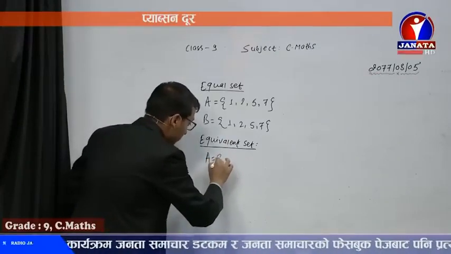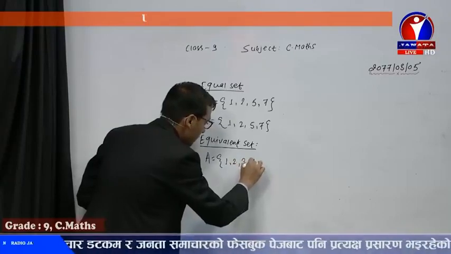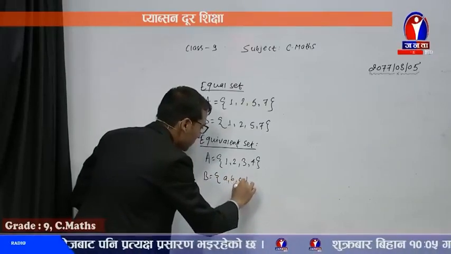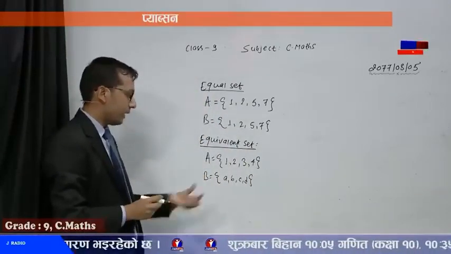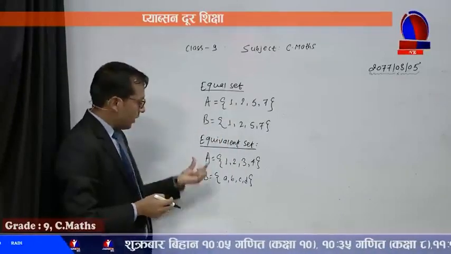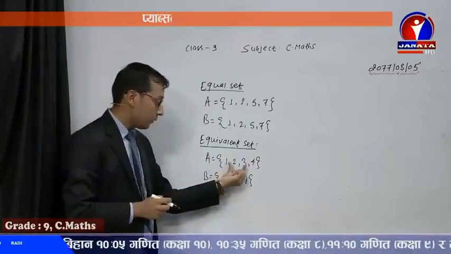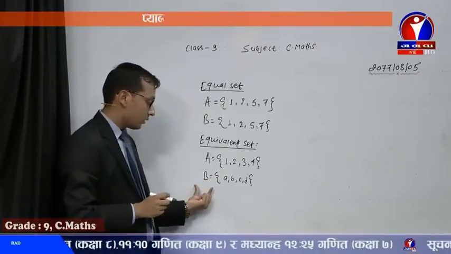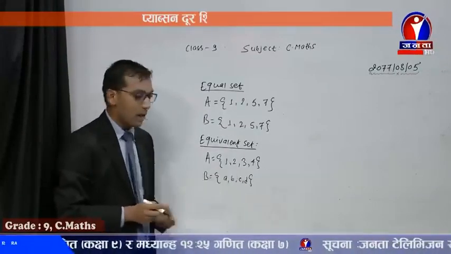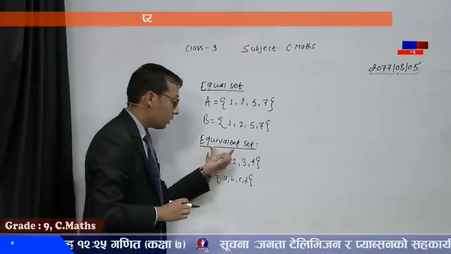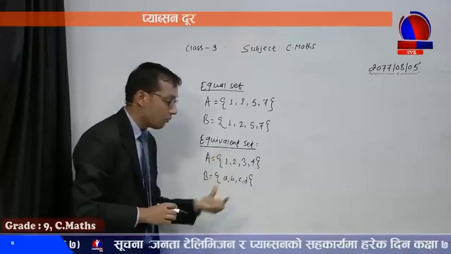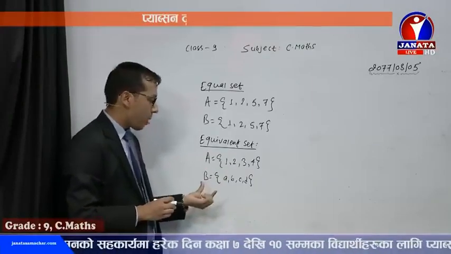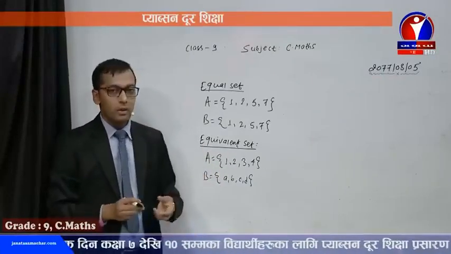If set A is 1, 2, 3 and 4 and set B is A, B, C and D. First example, first set is A. There are 4 elements: 1, 2, 3 and 4. In the second example, B is a set. The elements are A, B, C and D. So if the total number of elements present in two sets are equal, then the two sets are said to be equivalent sets.